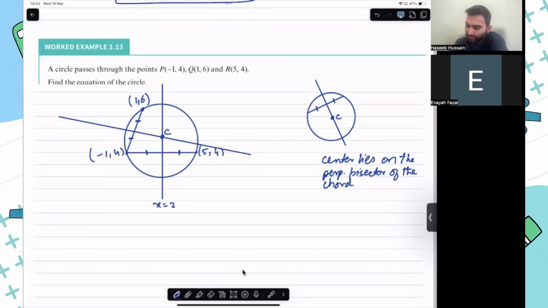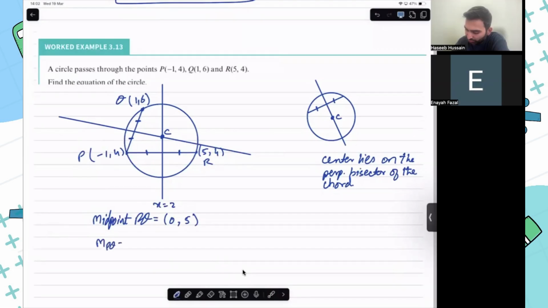Let's find the other perpendicular bisector's equation by taking the midpoint of P and Q. So midpoint of PQ: -1 plus 1 divided by 2 is 0, and 4 plus 6 divided by 2 is 5, so (0, 5).